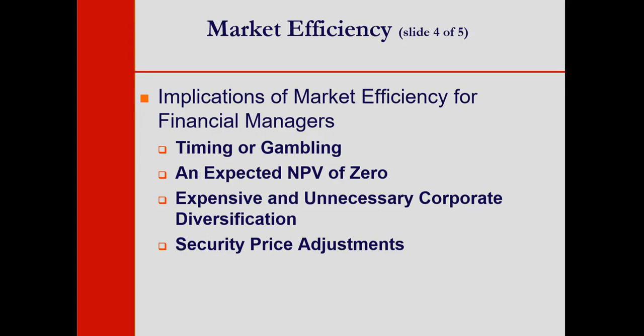And then security price adjustment. In case of efficient capital markets, security prices reflect expected cash flow and the risk of those cash flows. So if any transaction, like an accounting change, doesn't have any impact on the cash flow or the risk of those cash flows, then definitely that transaction should not affect the security prices either.